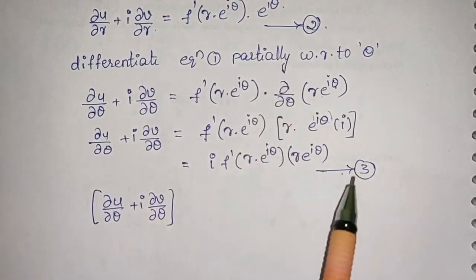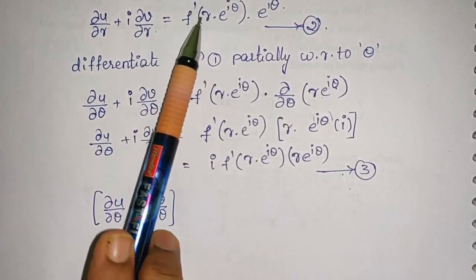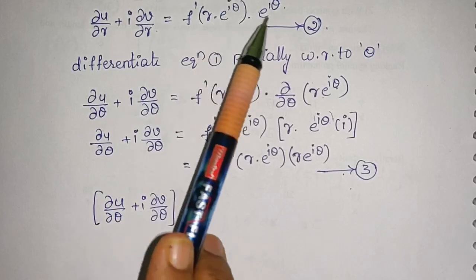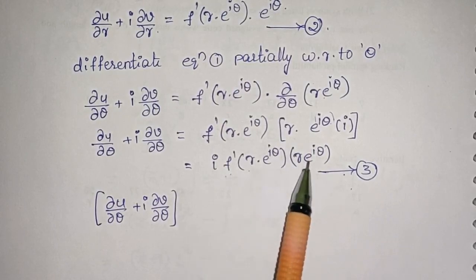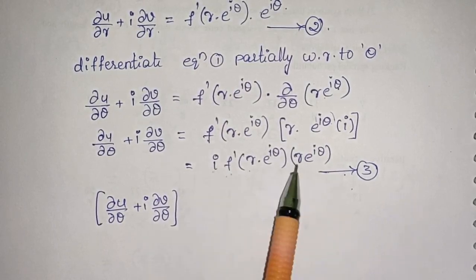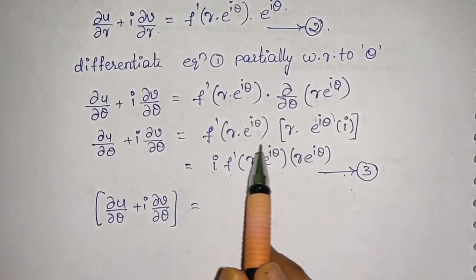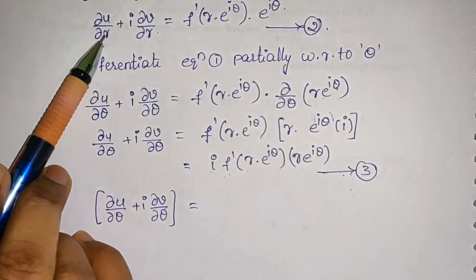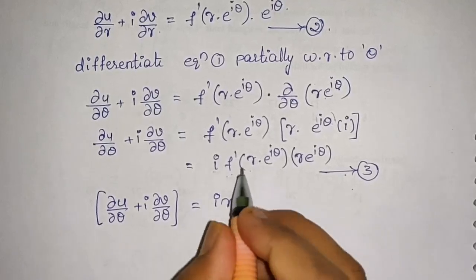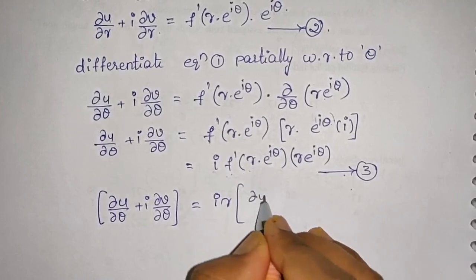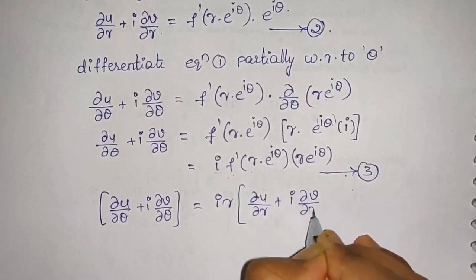So from 2 and 3 what we can write here: in the place of f dash of r e power i theta into e power i theta, here also the same, f dash of r e power i theta into e power i theta. The remaining terms are i into r. So in the place of this term we can replace the second equation, right? So i r into dou u by dou r plus i into dou v by dou r.